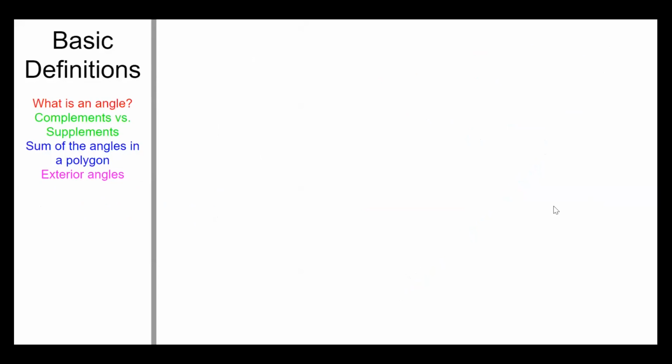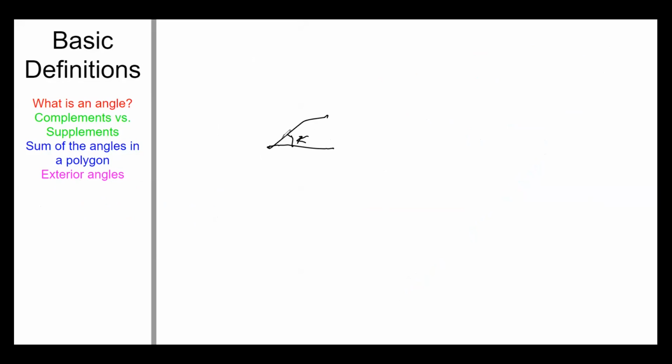And so, basic definitions. What is an angle? Well, you can consider an angle as the space between two intersecting lines or rays. And this has a specific measurement, and usually we use degrees. It's out of an entire circle being 360 degrees, so this is just relative to that.